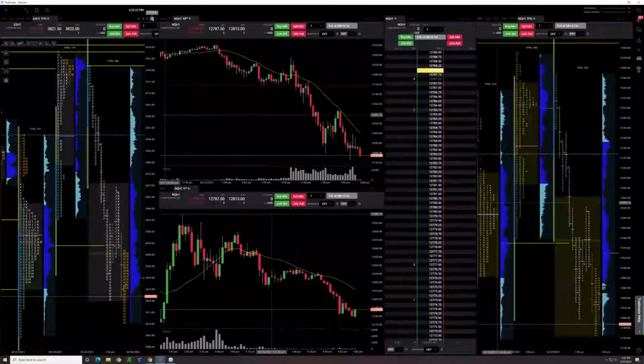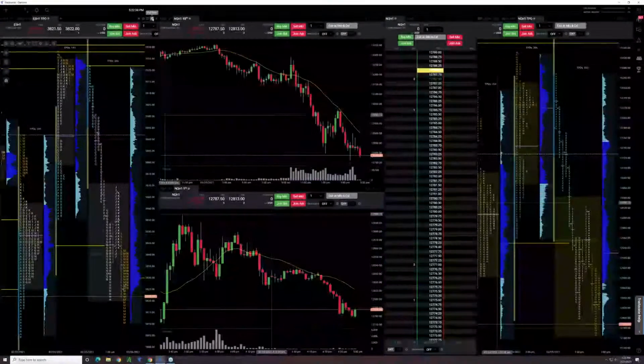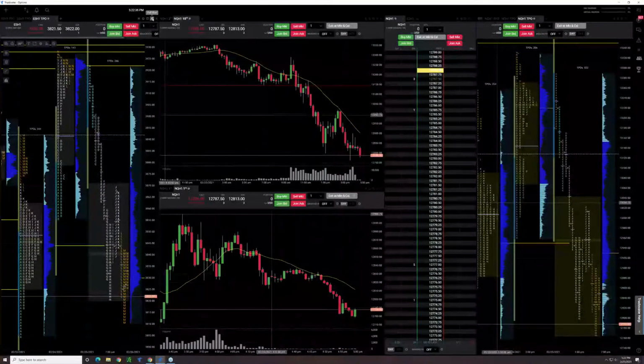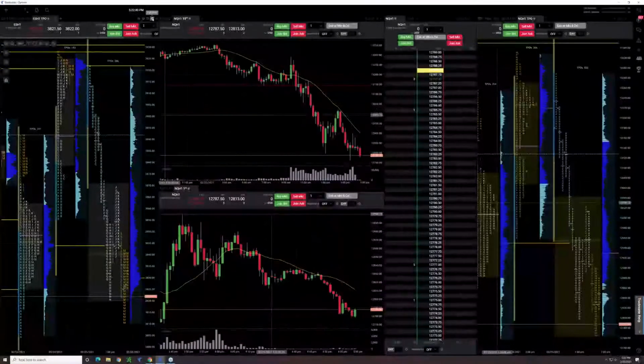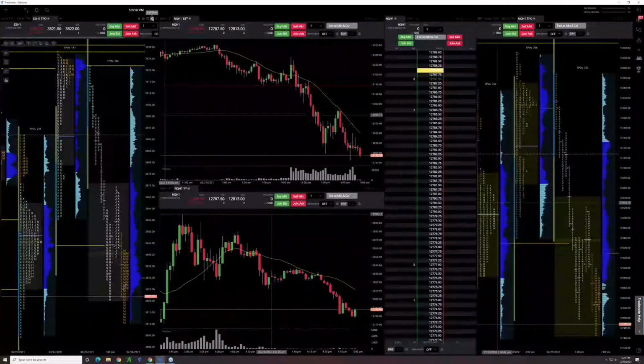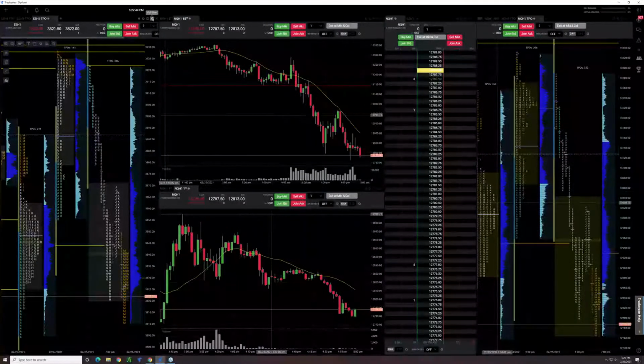The open is very key for me, the opening price and then the first hour. So I'm watching to see what the market is doing on that open. If the market is gapping open out of range, say it's gapping higher, that's telling me the market is out of balance.